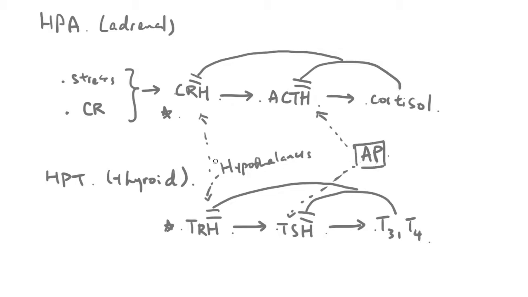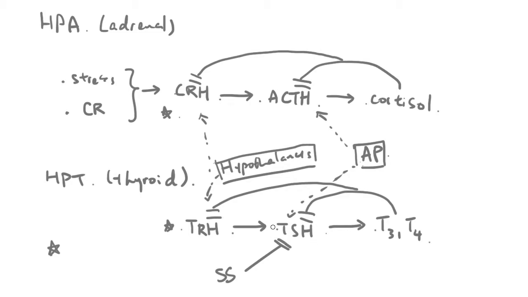So the result is that the endpoint would inhibit both the anterior pituitary and the hypothalamus from releasing the relevant stimulatory or releasing hormones. A keynote for HPT is that somatostatin also inhibits TSH.